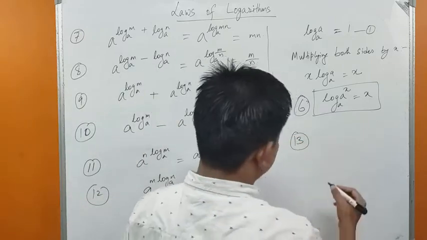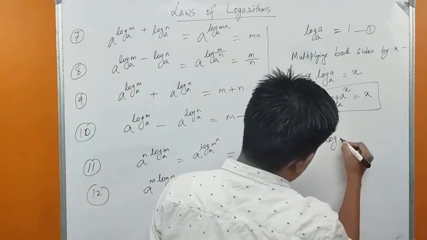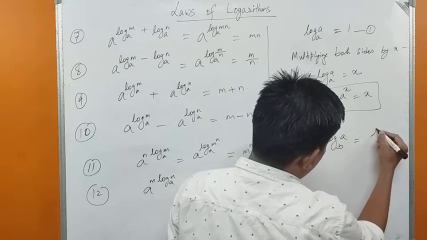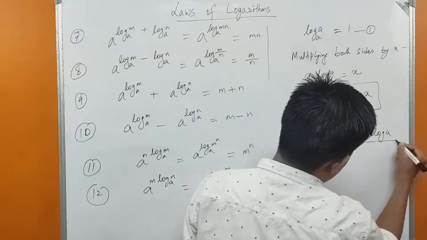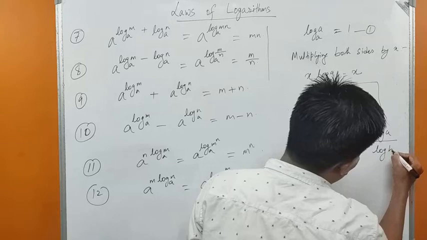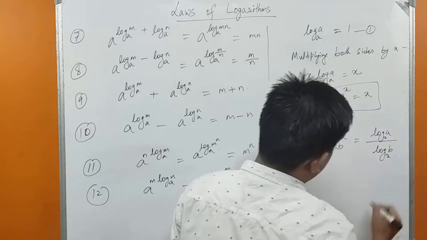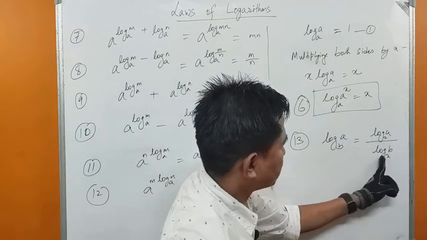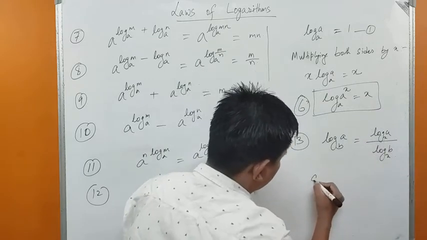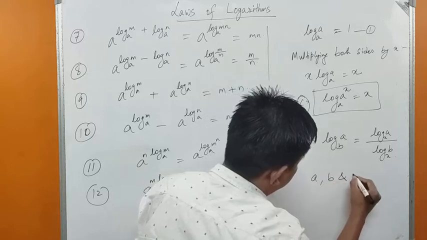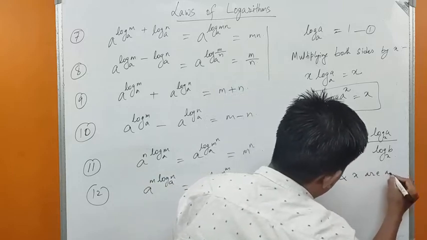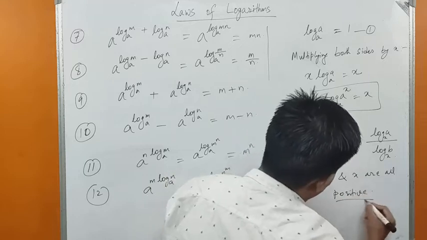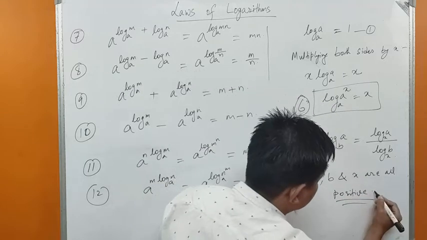Okay, 13th rule is log a to the base b can be written as log a to the base x by log b to the base x, where a, b and x are all positive numbers.